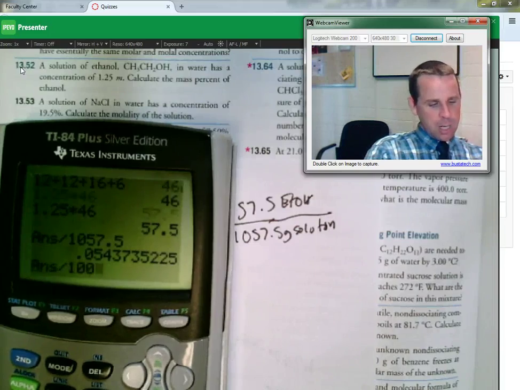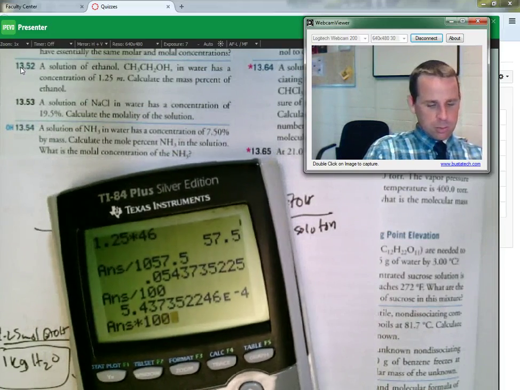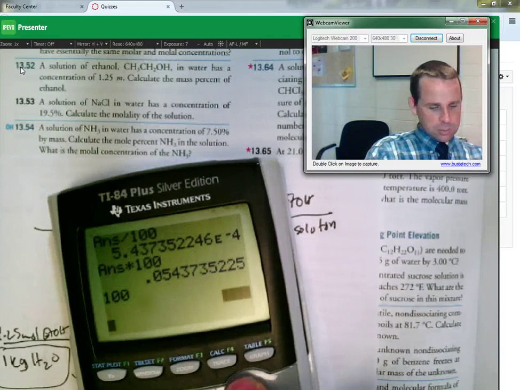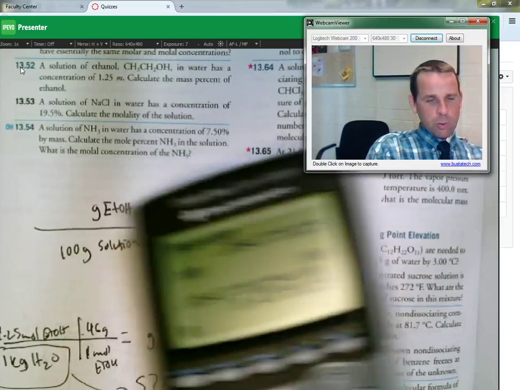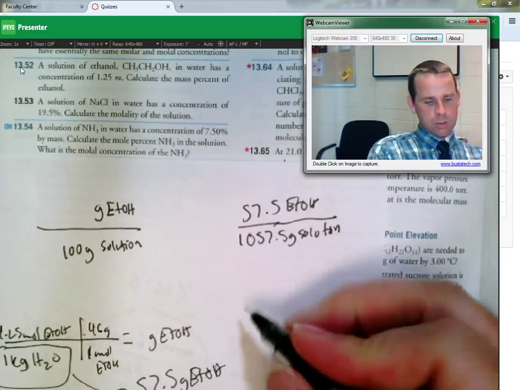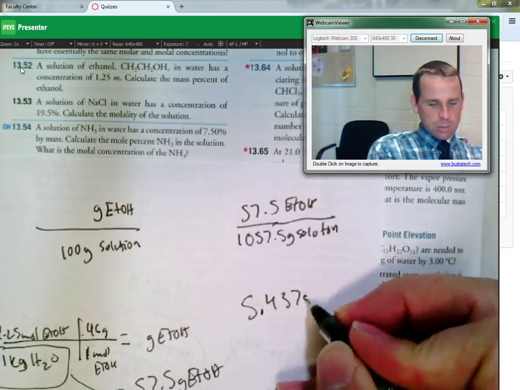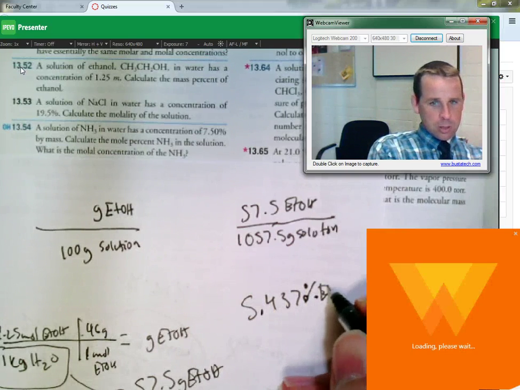So I have to multiply by 100, not divide by 100, because I'm interested in how many grams there are for every 100 grams of solution. So we have 5.437 percent ethanol.